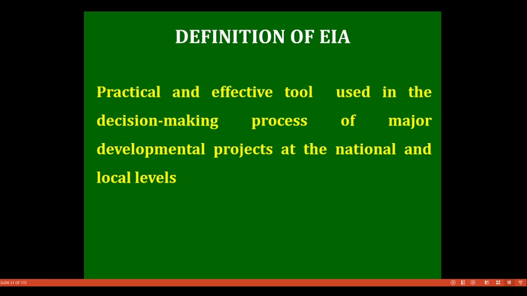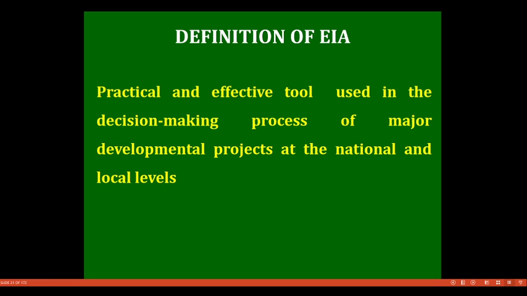EIA can be considered as a package. Package means so many persons involved, so many stages of activity, so many processes are involved, and finally you will get a report like a PhD thesis, which contains so many chapters. We will see all these things later. So EIA is not a simple one, even though it's a tool. It's a package which contains so many stages or steps for doing the program, and there is a systematic procedure for that one.